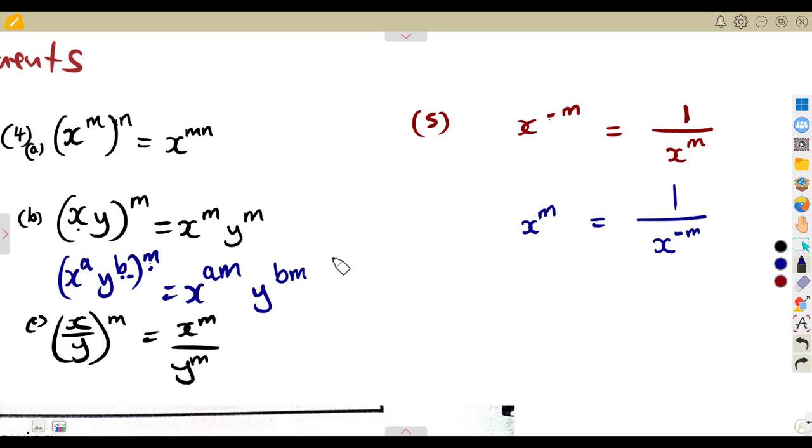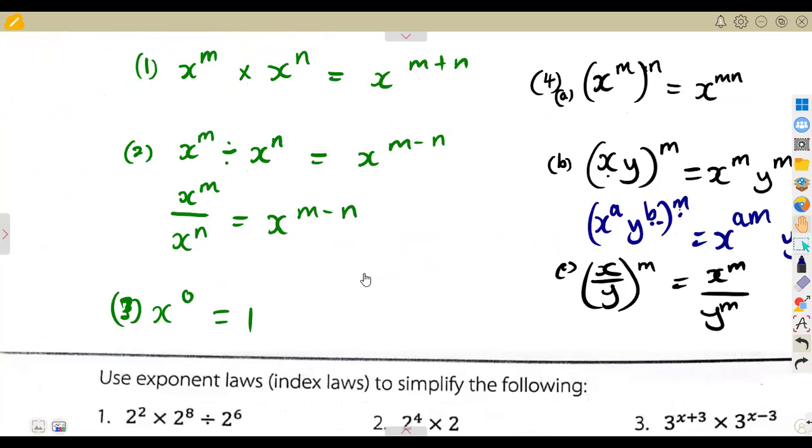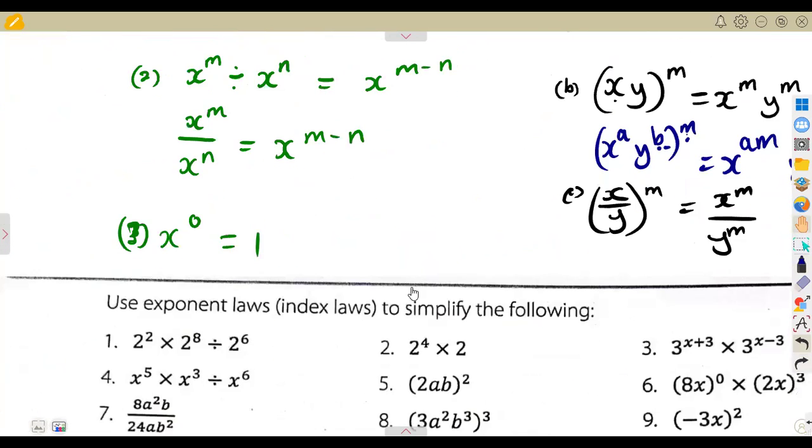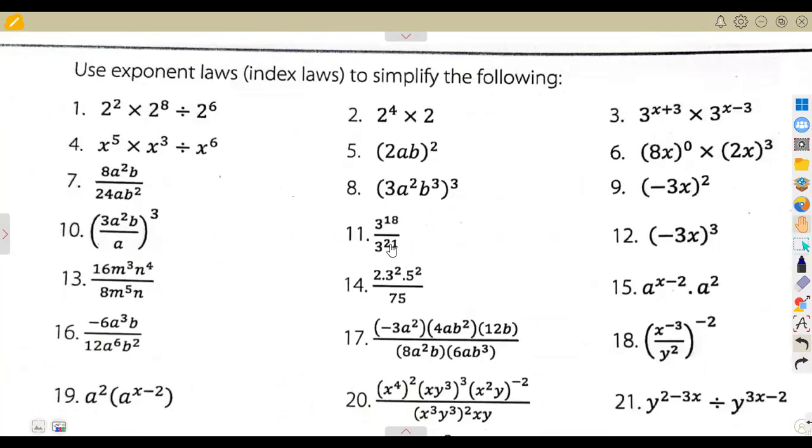Okay, so I hope with this, you can be able to answer any question. If there is anything, we are going to list that as we are moving on. All right, so these are the typical questions that you are being given in your simplification. Use exponent laws or index laws to simplify the following. So these are expressions which are actually exponents.